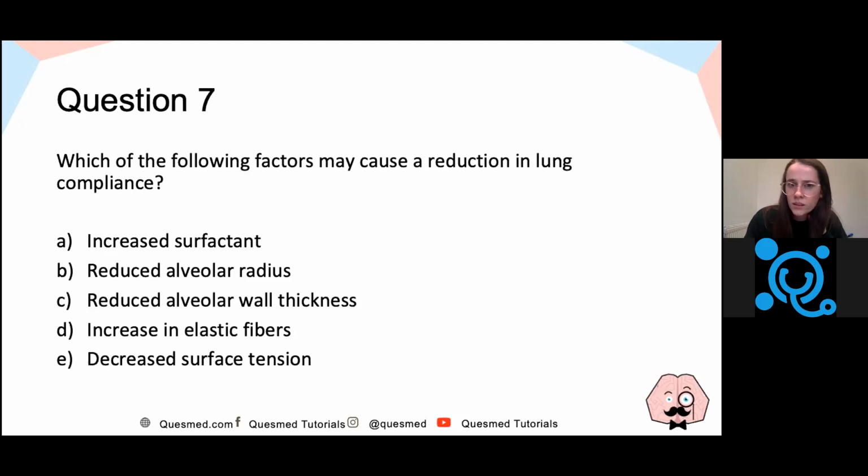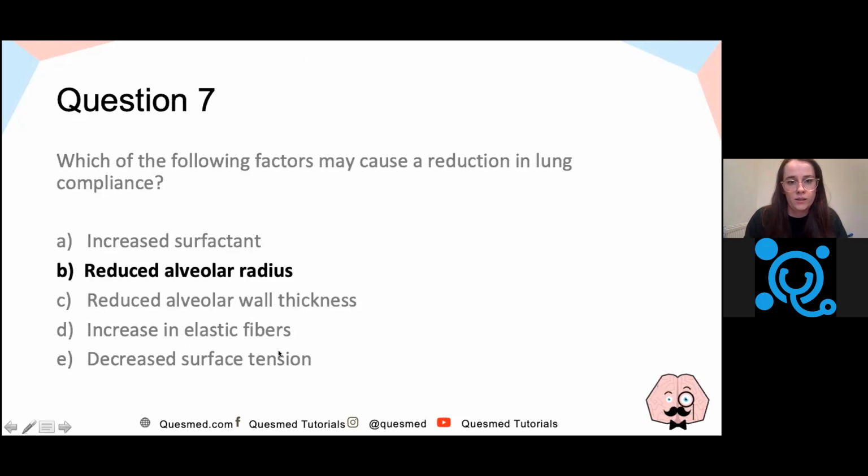Yeah, so we're tied between reduced alveolar radius and decreased surface tension. Okay, so the correct answer is reduced alveolar radius.